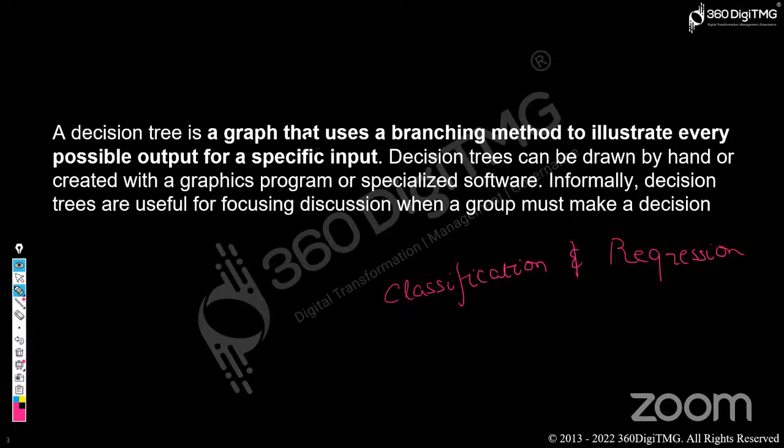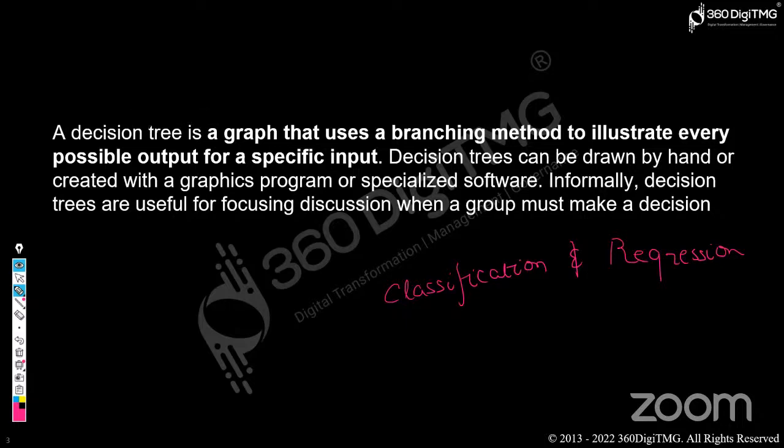A decision tree is a graph that uses a branching method to illustrate every possible output of a specific input. Decision trees can be drawn by hand or created with a graphics program or specialized software. Informally, decision trees are useful for focusing discussion when a group must make a decision.